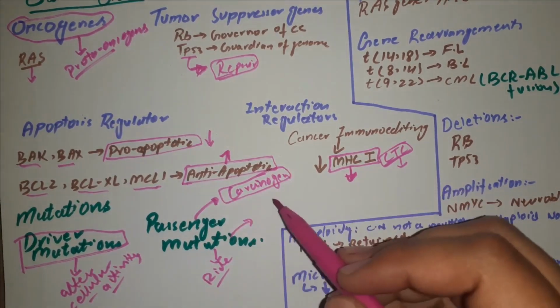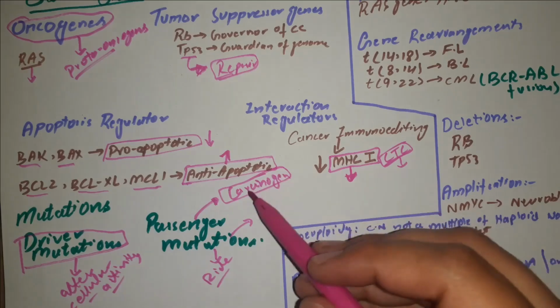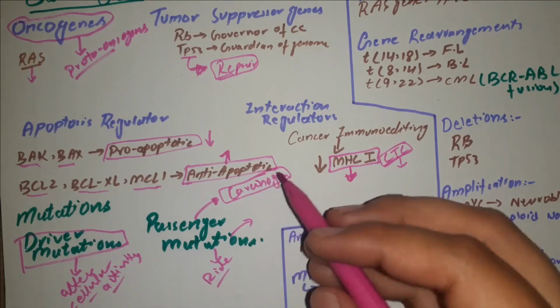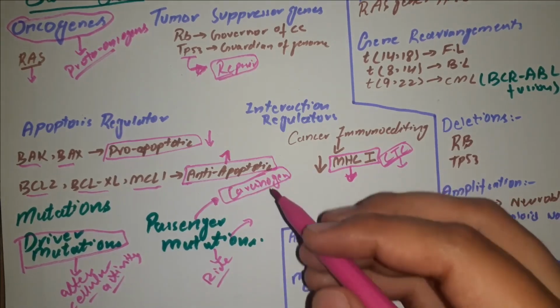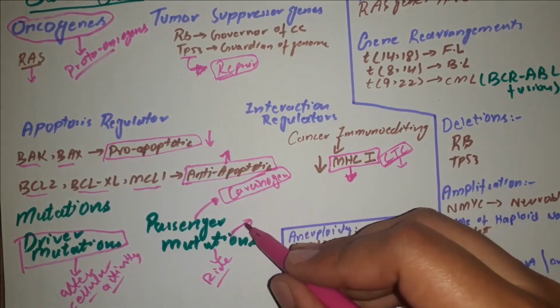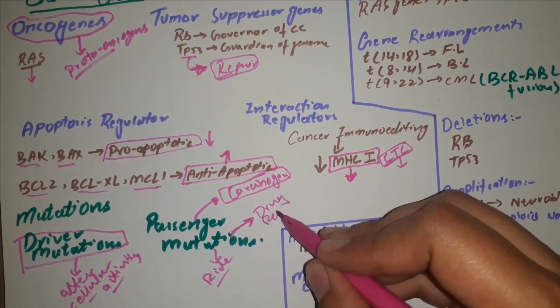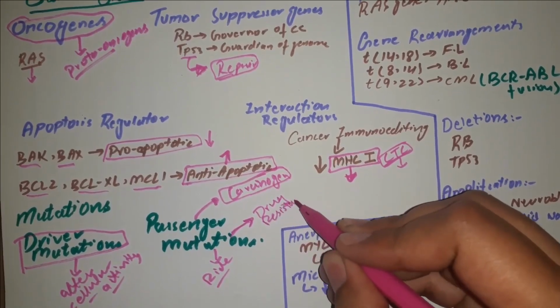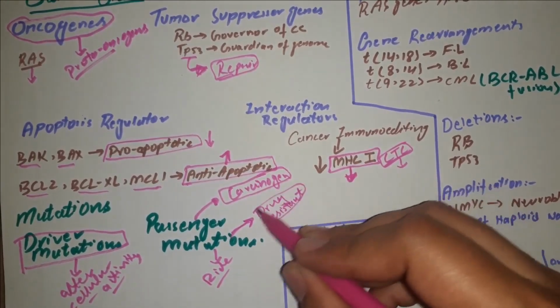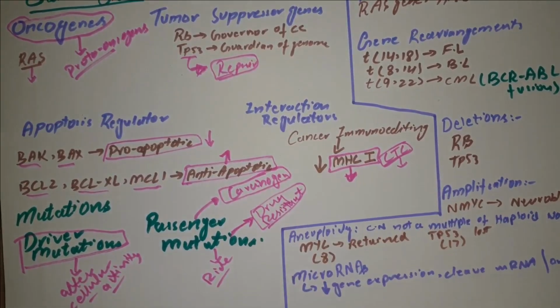So passenger mutations help us quantify whether this carcinogen is actually causing DNA damage or not. Moreover, passenger mutations are also involved in the drug resistance of tumors. If a tumor becomes drug resistant, most probably it will have relevant passenger mutations which are conferring drug resistance. Driver mutations are mostly concentrated in the actively involved genes or tumor genes. However, passenger mutations are scattered throughout the genome.